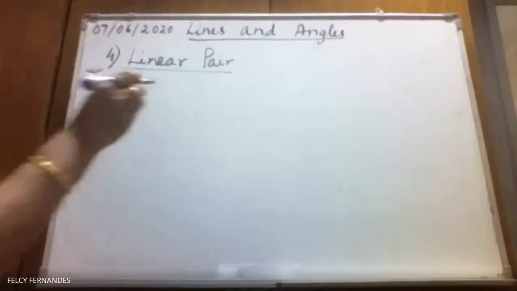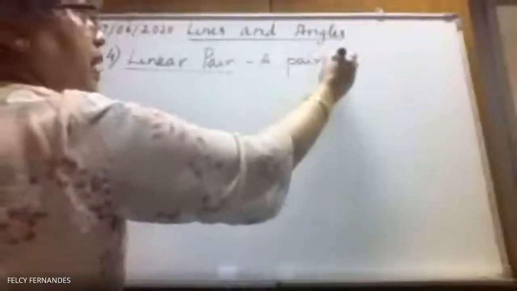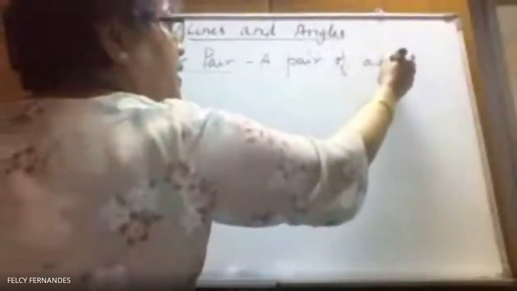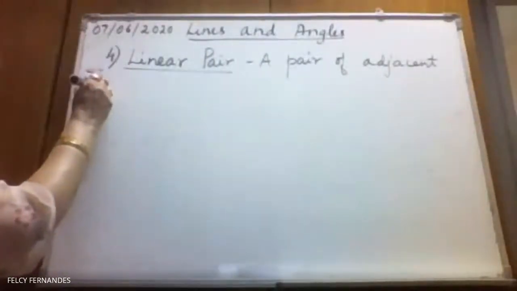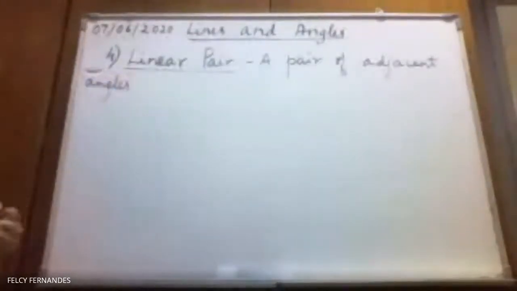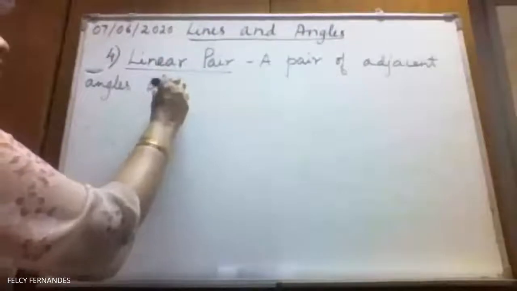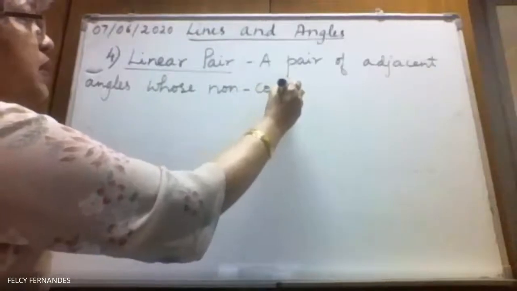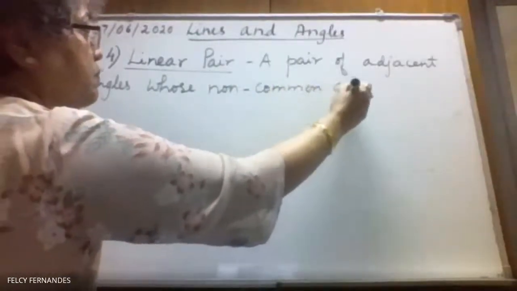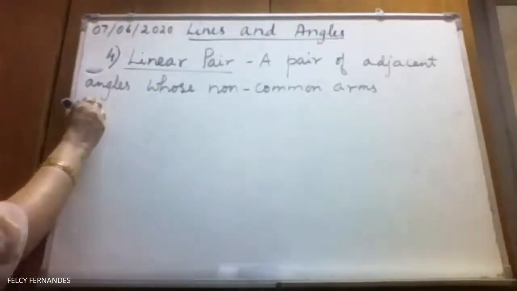So now write down: a pair of adjacent angles whose non-common arms are opposite rays.